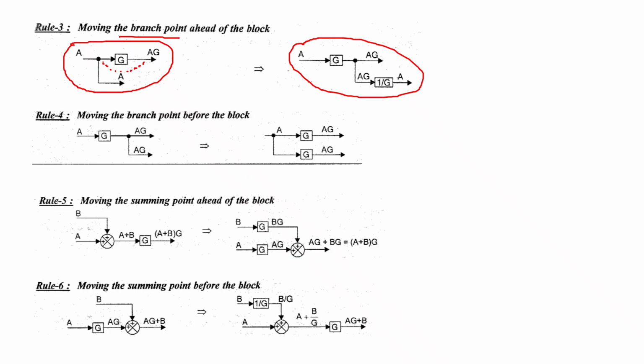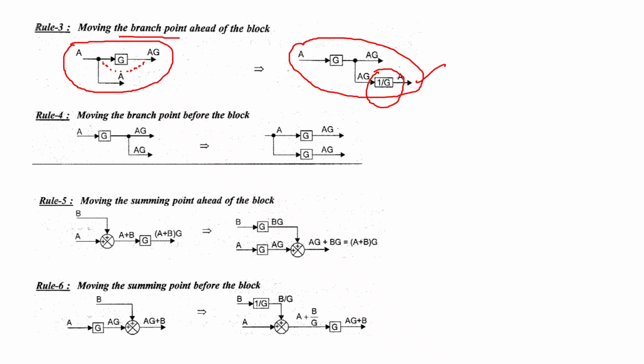Without changing the character of the entire system, we add a 1 by G block in the takeoff point's branch, so that the signal A is available at this point.